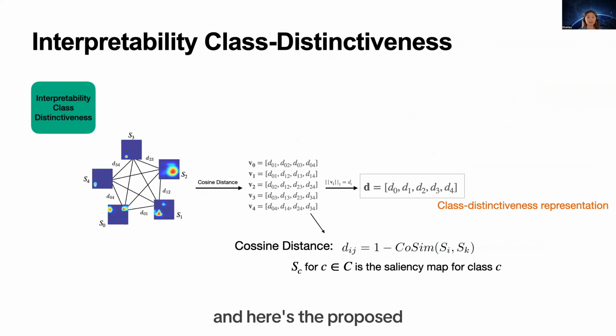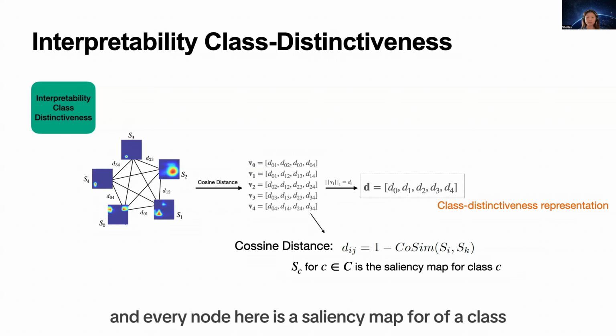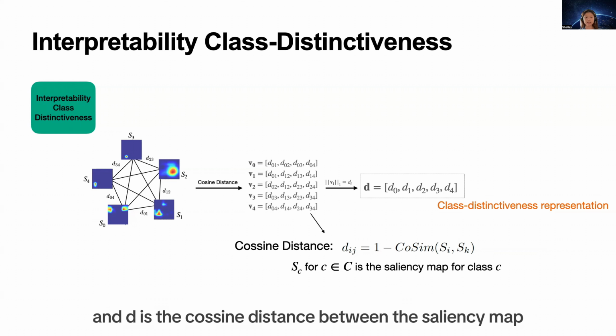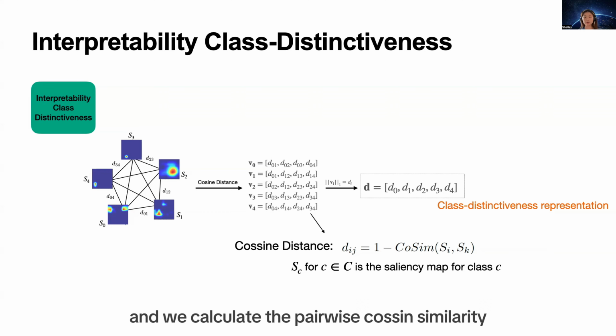And here's the proposed interpretability class distinctiveness module. Every node here is an attribution map of a class, so it's the S. And we can see that there are 5 classes, and D is the cosine distance between the attribution maps. We calculate the pairwise cosine similarity between the attribution maps except for the self-comparison.